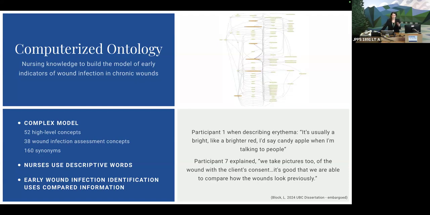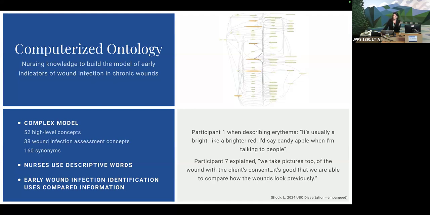And so after a series of interviews with nurses from across BC and some nursing wound care experts using rigorous qualitative research methods, I did interpretive description as the broad approach with various methods of data analysis. We found that there were about 52 high-level wound infection concepts that were important to nurses, 38 wound infection assessment concepts, and a lot of synonyms.